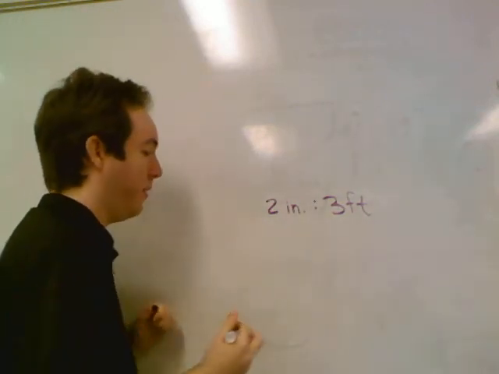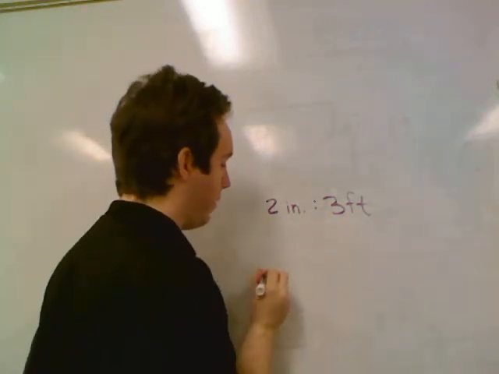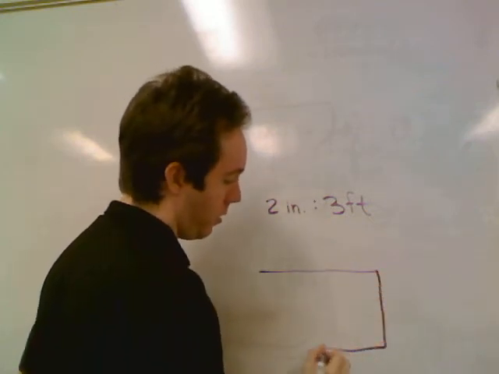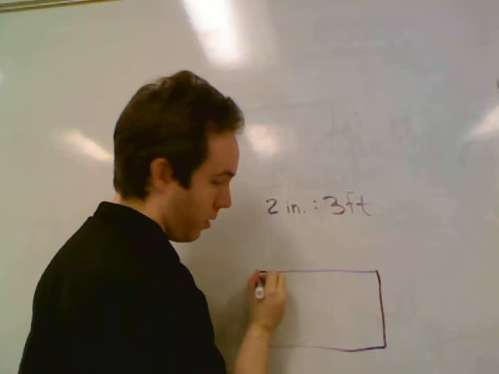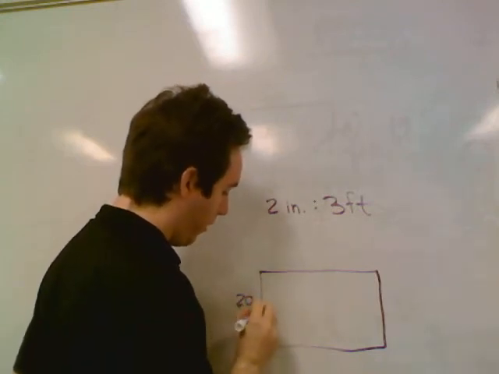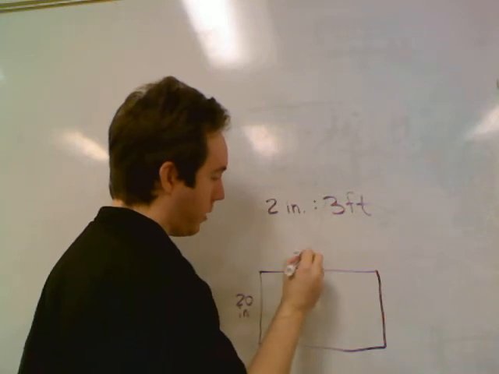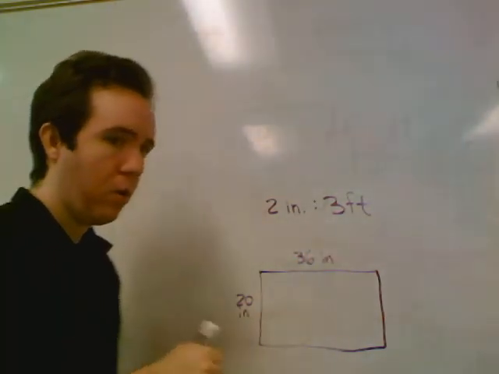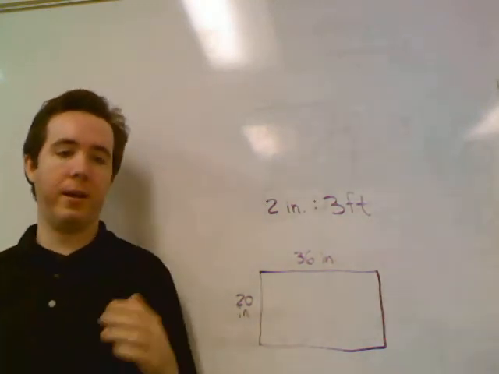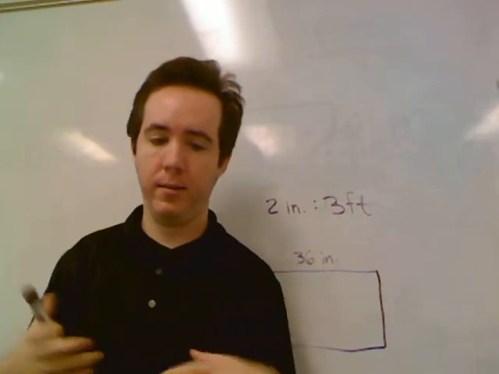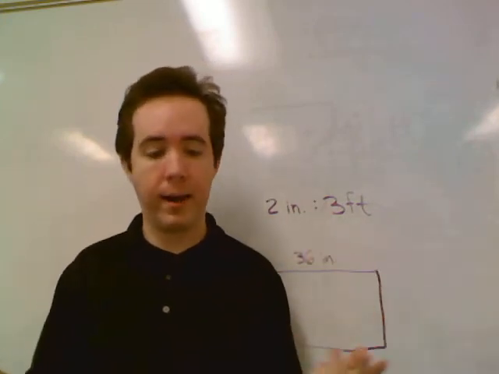In this example, it was a poster board. It was in this direction 20 inches of paper, and in this direction 36 inches of paper. Now we're going to use a scale factor here to find the actual size of my real painting on the wall, right?